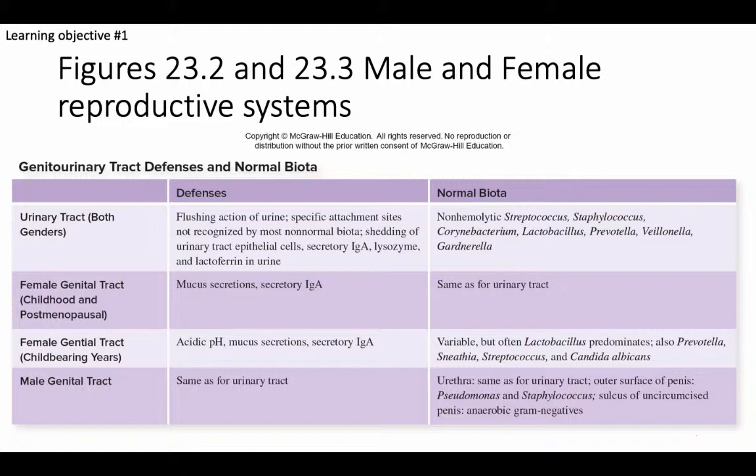Additionally, we have mucus secretions and secretion of immunoglobulin A from the mucous membrane. The biota in the female during childbearing years will change significantly from childhood and postmenopause. It is going to be variable in individuals, but the main families are lactobacillus and the others listed here.